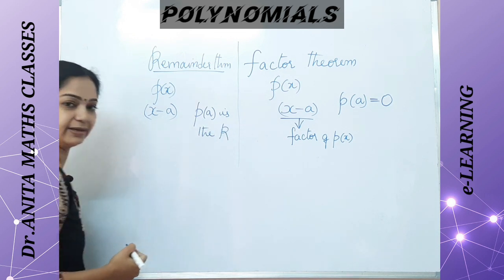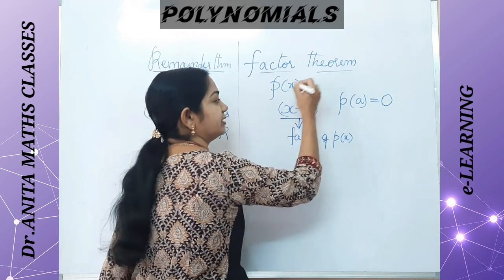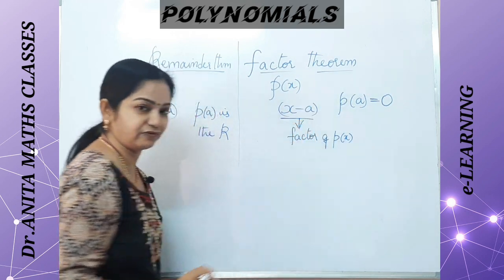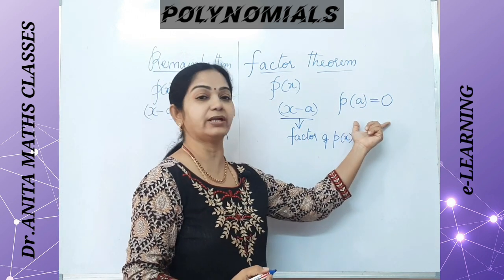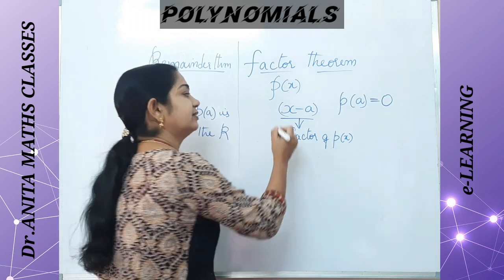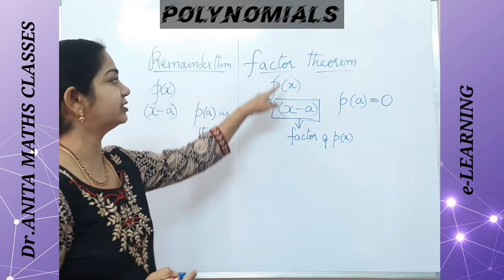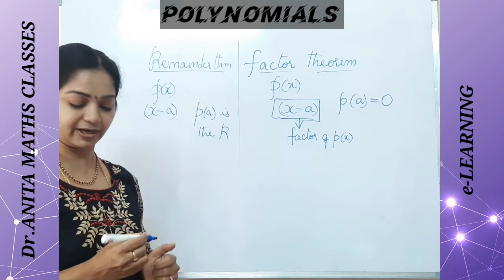Now, what is the factor theorem? The factor theorem tells that if the polynomial is divided by x minus a, and the remainder which you get, p of a, is 0, then x minus a is called a factor of this polynomial. That is the factor theorem.